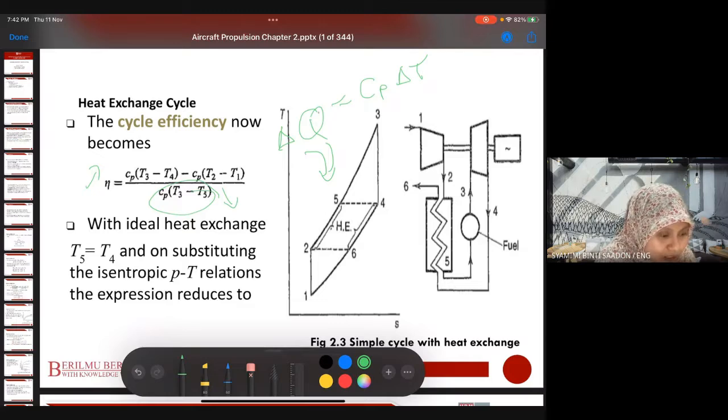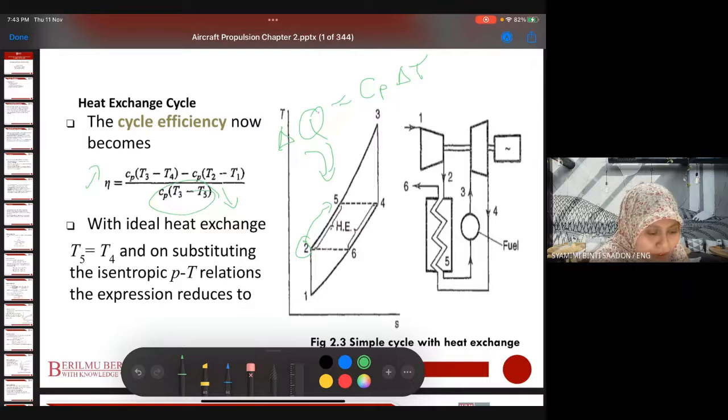So that's why we add a regenerator. This regenerator will somehow cover the heat that needs to be transferred in the combustion chamber. It can preheat the working fluid air from temperature 2 to temperature 5. So it's like we save the heat needed to be supplied.